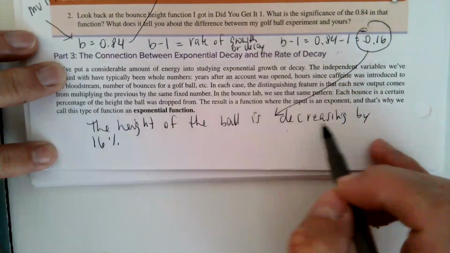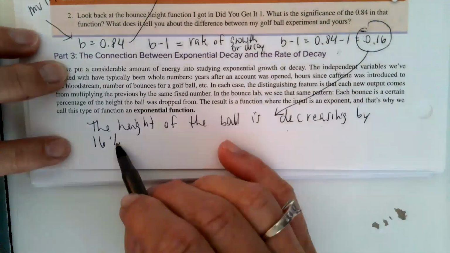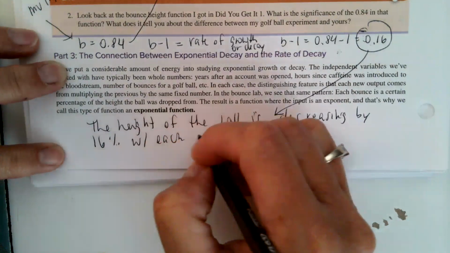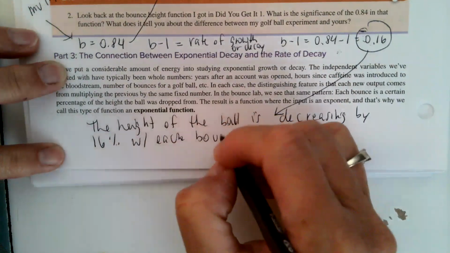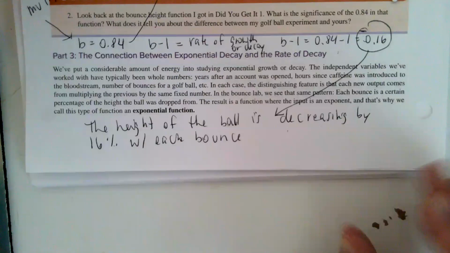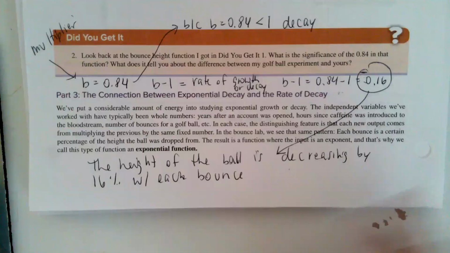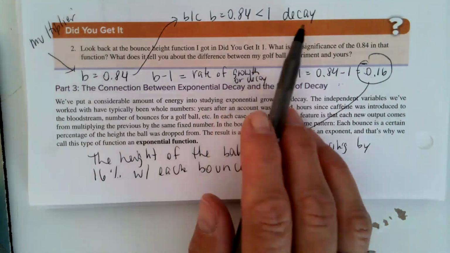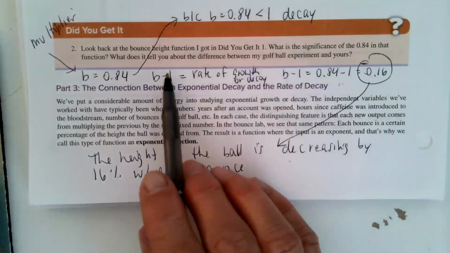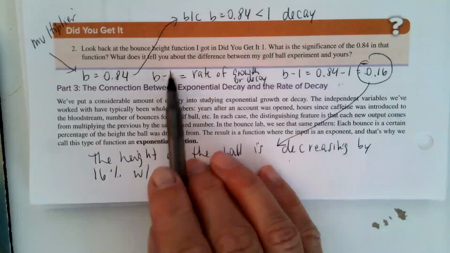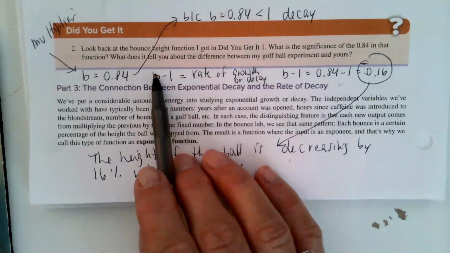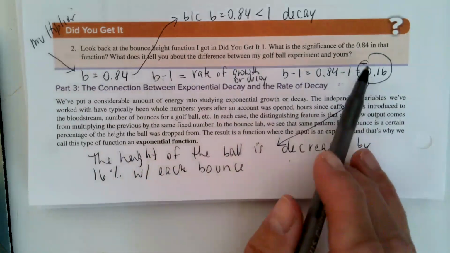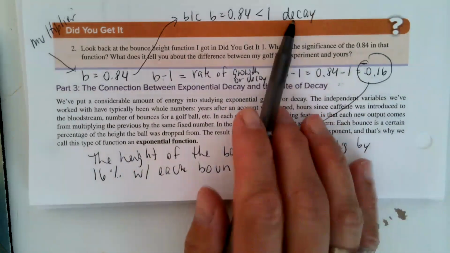The negative tells us it's decreasing, and the 0.16 in percentage form with each bounce. So again, when your b, your multiplier, is less than 1, it's a decay. And if you take b and you subtract 1, always take b and subtract 1, no matter what number b is, then the value, if it's negative, tells us that it's decreasing, and that would also indicate decay.